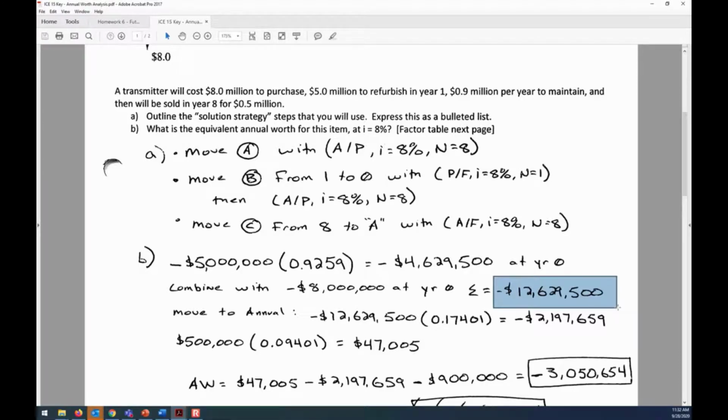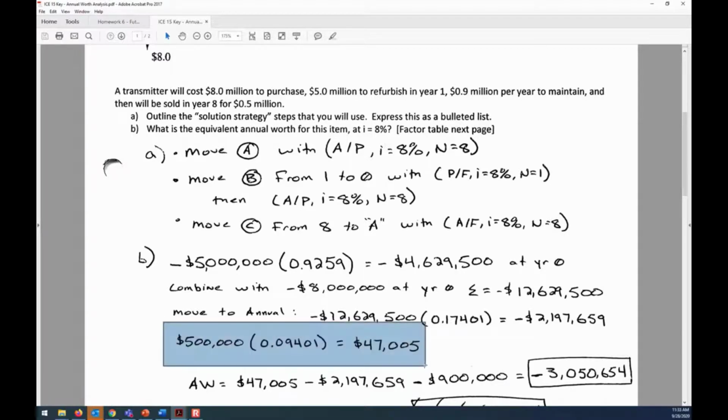And then the factor for the A/P, that factor is 0.17401. So I found the annual equivalent, and then here is the annual equivalent of the future 500,000.